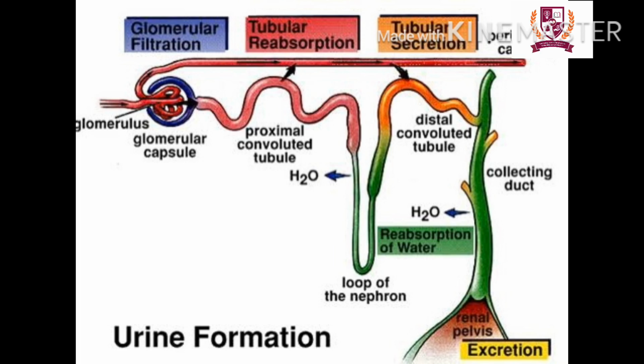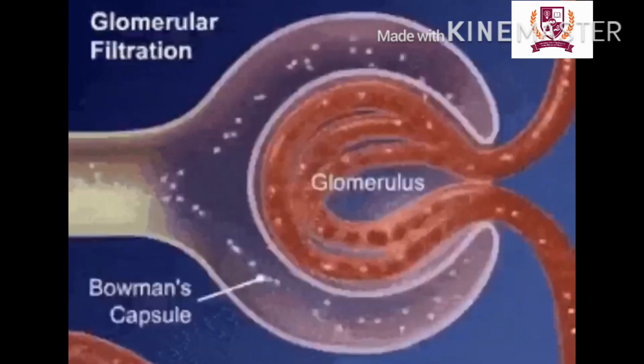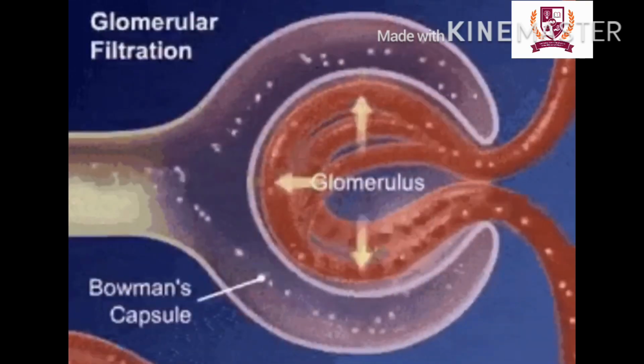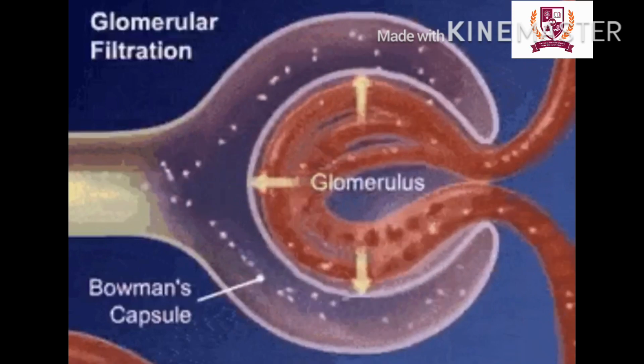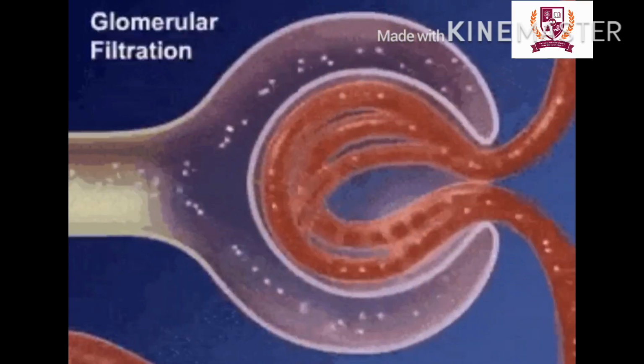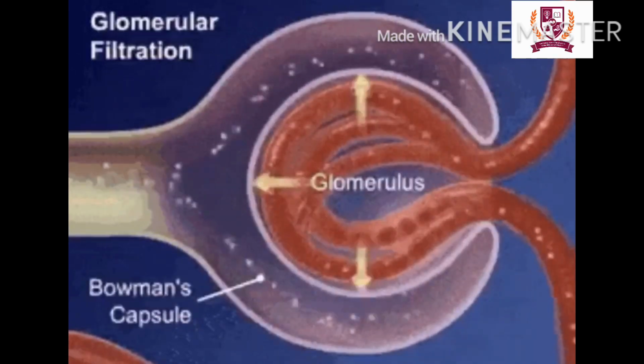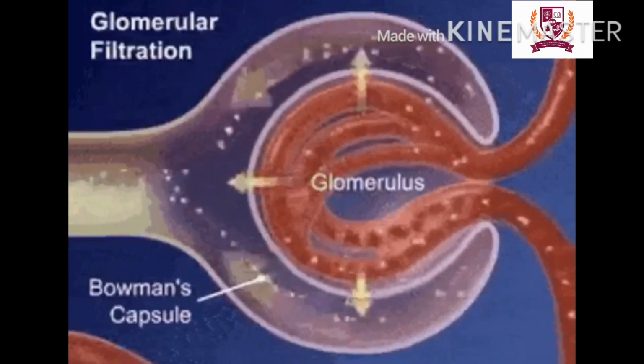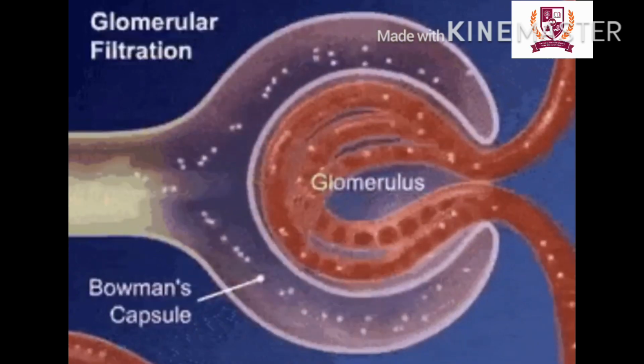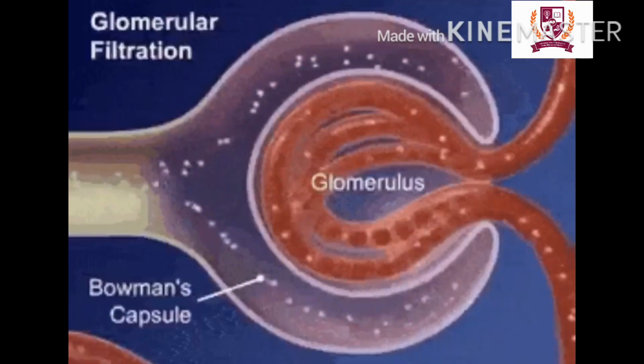The process of urine formation involves 3 stages. They are ultrafiltration or glomerular filtration, tubular reabsorption, and tubular secretion. In the first step, that is the glomerular filtration, the blood enters the Bowman's capsule and the waste such as urea and uric acid is filtered, along with some of the useful substances like water, glucose and some ions.